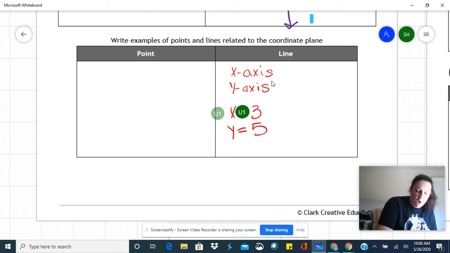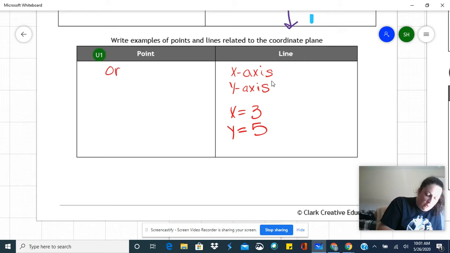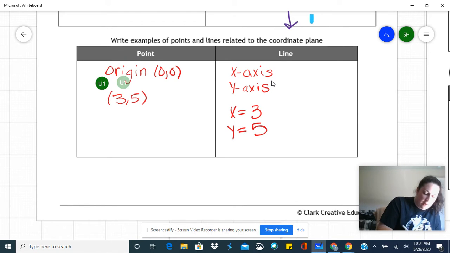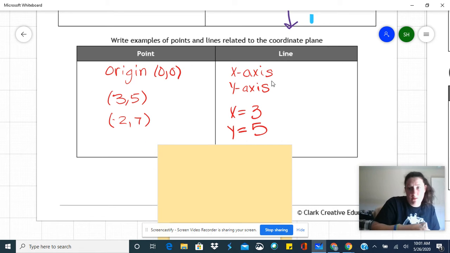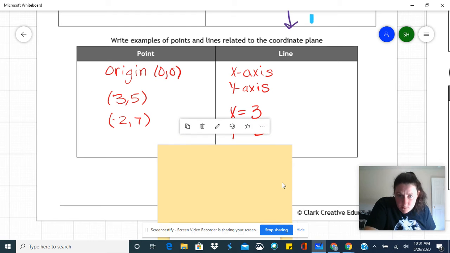Those are lines. But a point has to have an x and a y. So you have the origin, which we know is 0, 0. You can have 3, 5 is a point. Negative 2, 7 is a point. Or you have your midpoint.